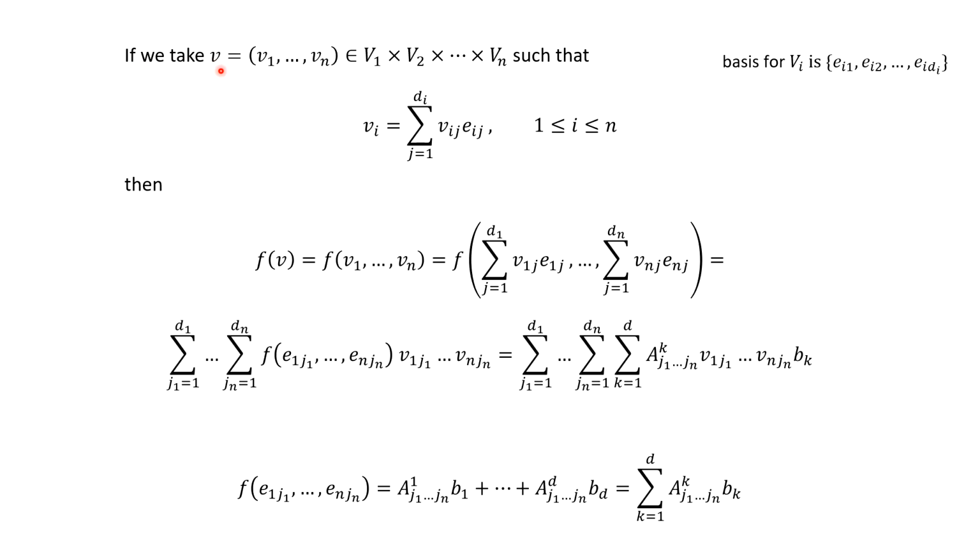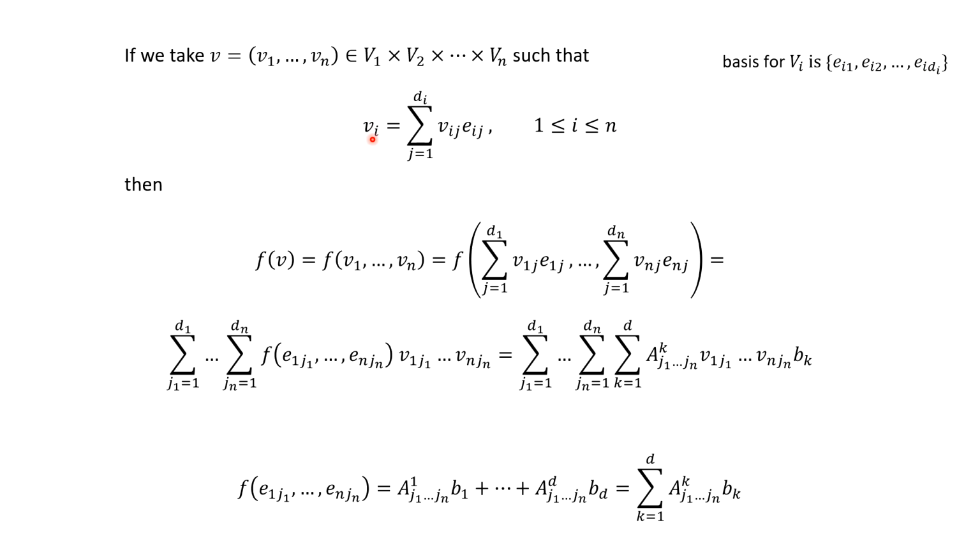If we take v with components v1, v2 up to v sub n from our Cartesian product in the codomain, I want to give a formula for f of v, where f is the multilinear transformation that we've been talking about on the previous slide. So I've copied a few things down here. This was the notation for a basis of v sub i, and I'm going to write each one of the vectors in this expression in terms of its basis.